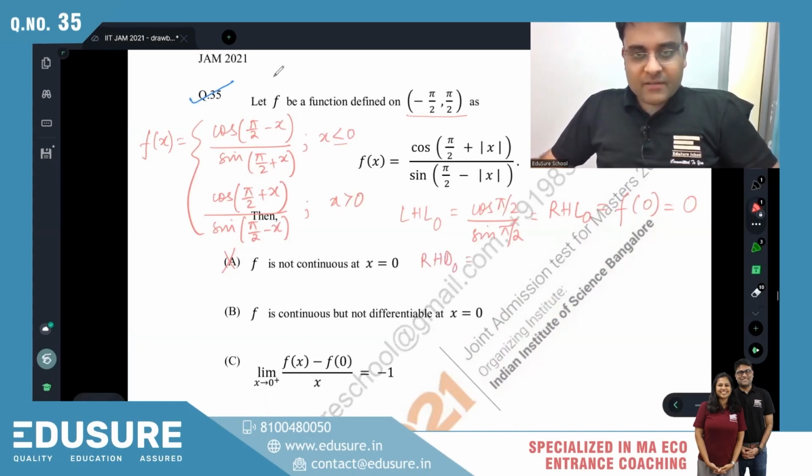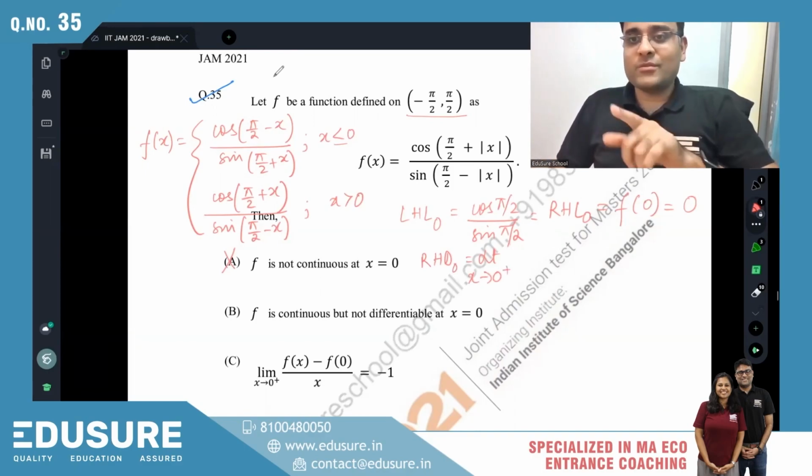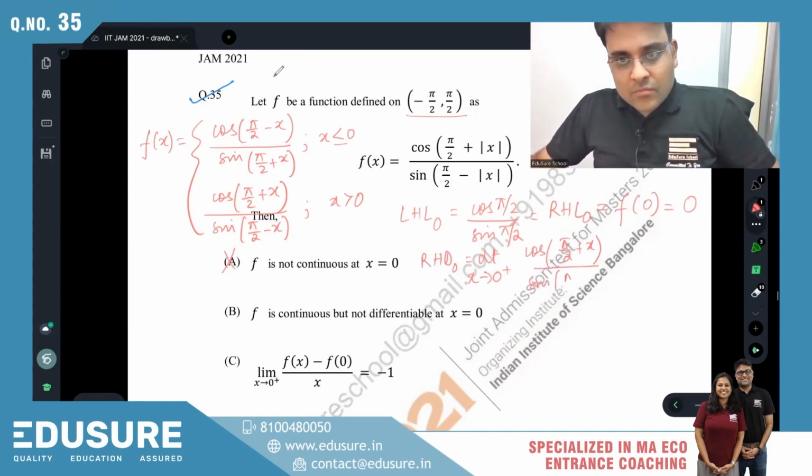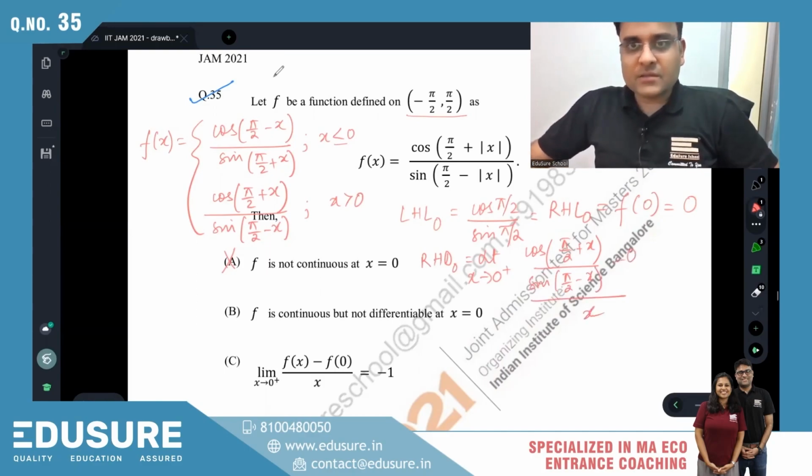Right hand derivative at 0 will be limit x going to 0 plus, basically from the positive side, of f(x) minus 0 divided by x. So this will be basically cos(pi/2 plus x) divided by sin(pi/2 minus x) minus 0, divided by x.